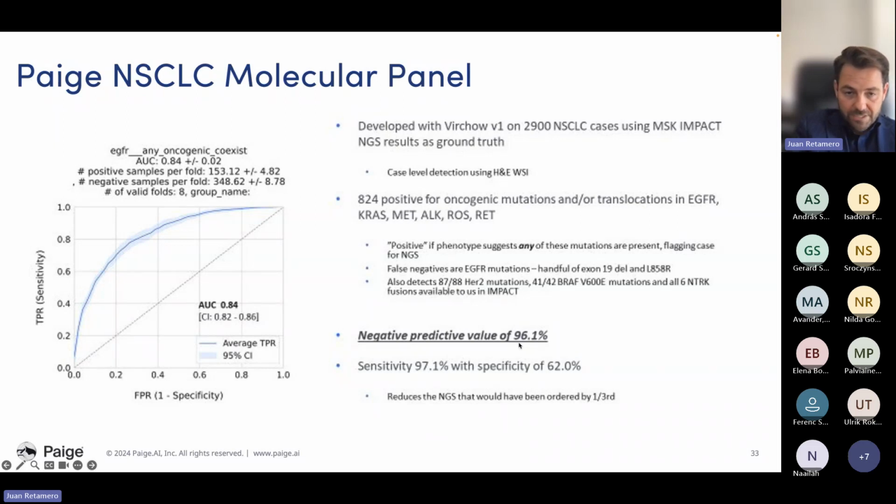So in other words, chances are that whenever the test tells you that this tumor is negative, it will actually come indeed from a negative tumor. However, if the model tells you that it is positive, then we know that at least one of these mutations will be positive and therefore would warrant further downstream molecular testing.